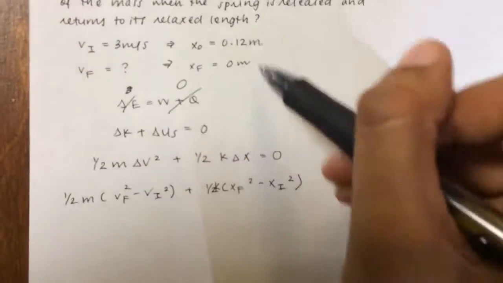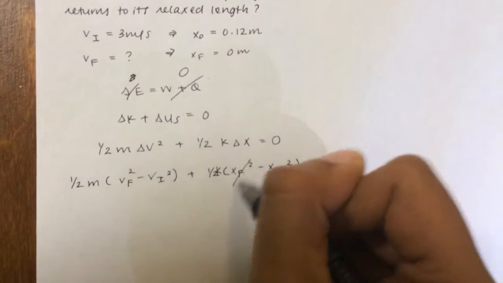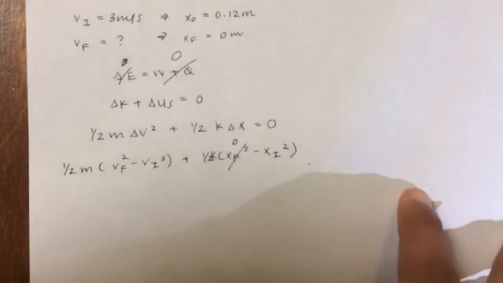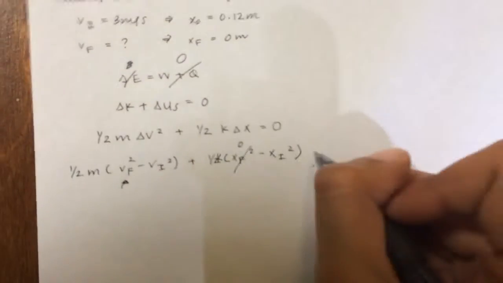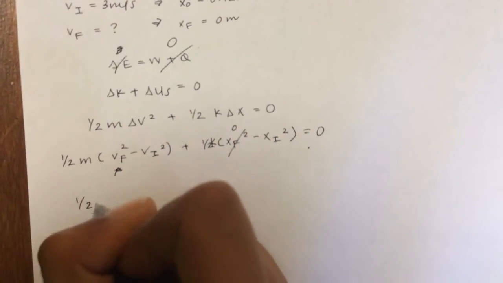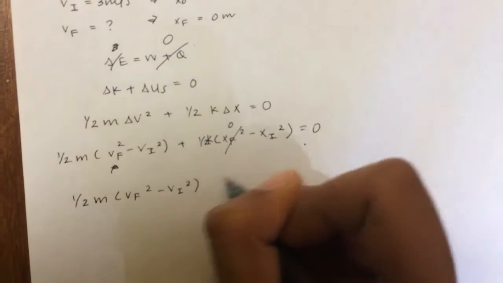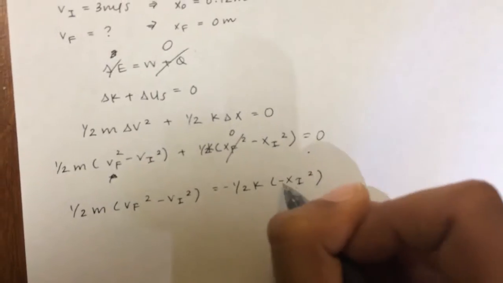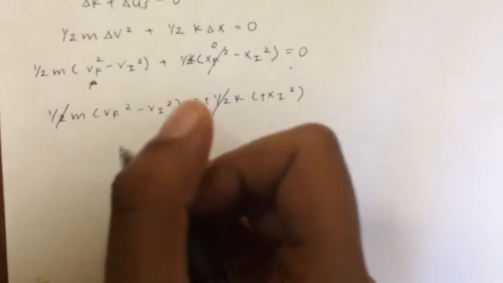Now we can use these values that we had and put them into here, so we know that the final position would be equal to 0, and we're looking for this right here, v final. So now we can just simplify, set it equal to 0, and move some terms around. And we know that these two would be positive, and we can cross out the 1/2.